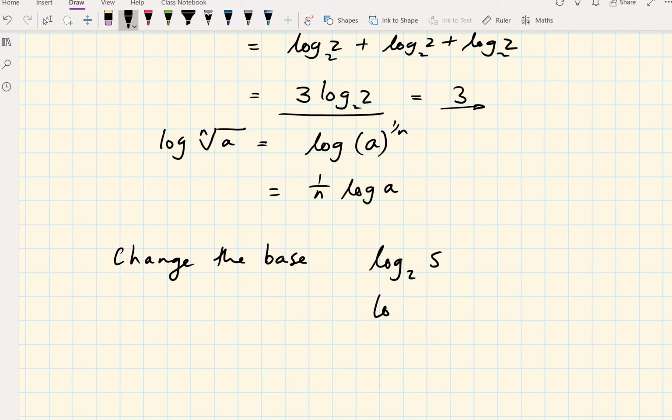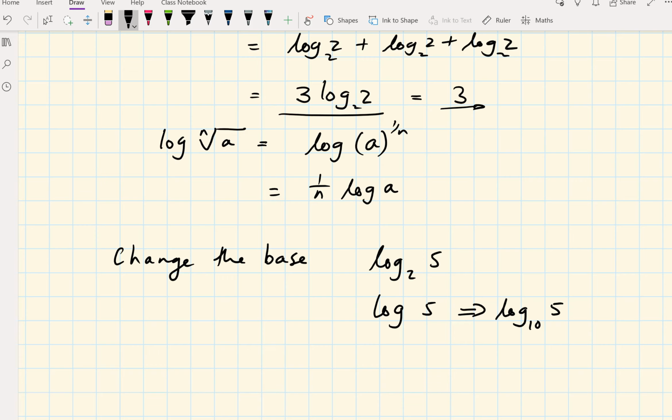However, if you see something like this, just the log of 5, we understand this to really look like this, log to the base 10 of 5. If it doesn't have a base written down there, we understand it to be the log 10. And it's your calculators that work with log 10.